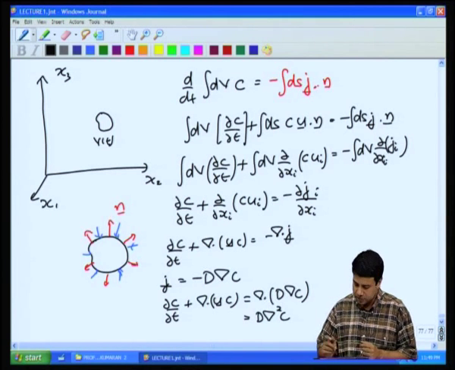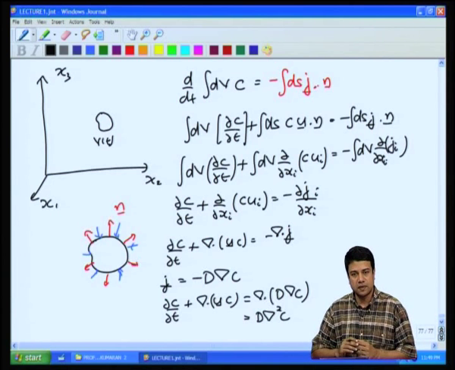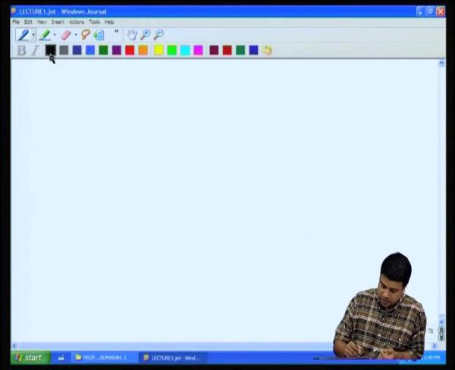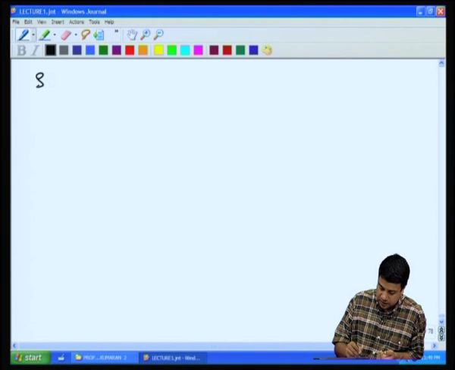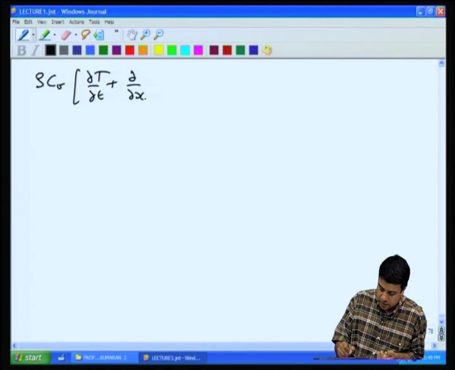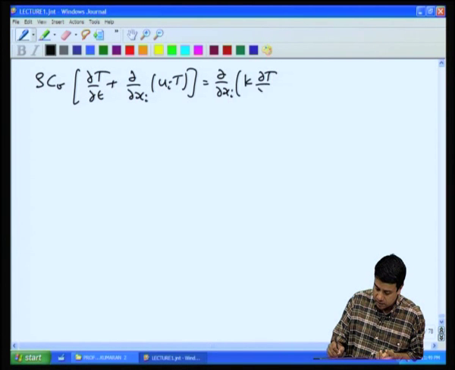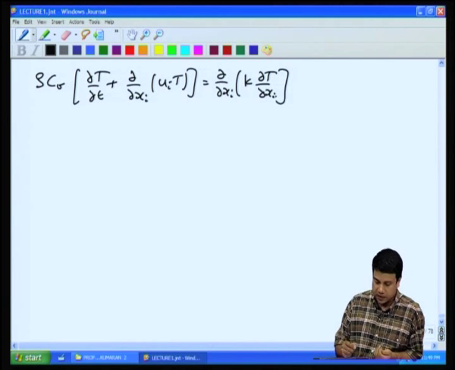Okay. Similarly, one can get an expression for the temperature equation, and if I write it out in this form we will get rho Cv into partial T by partial t plus partial by partial x i of u i T is equal to partial by partial x i of K partial T by partial x i.